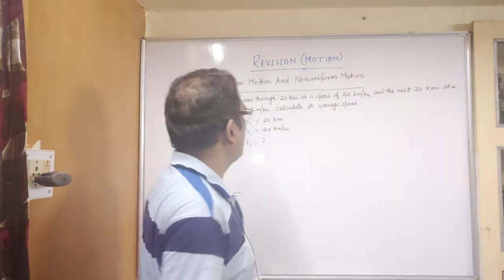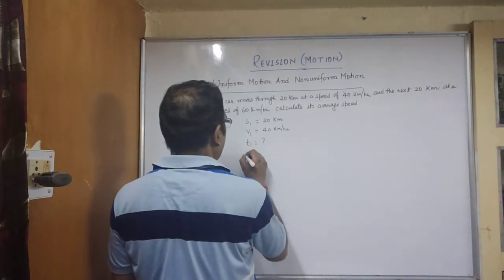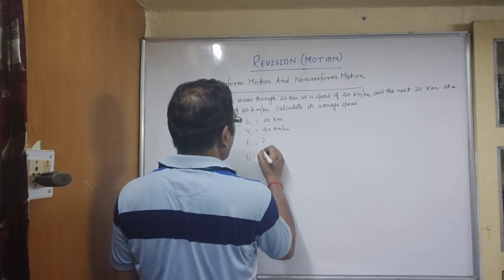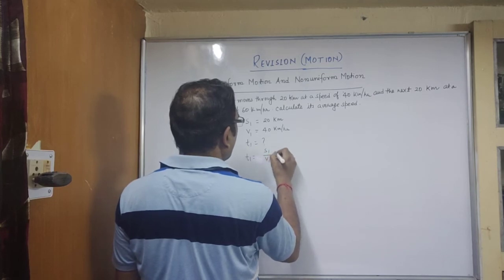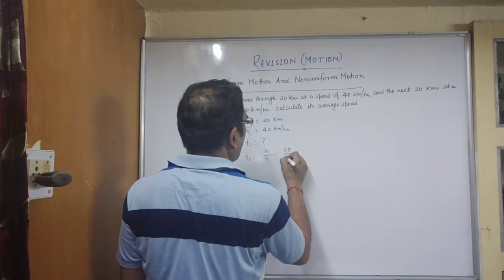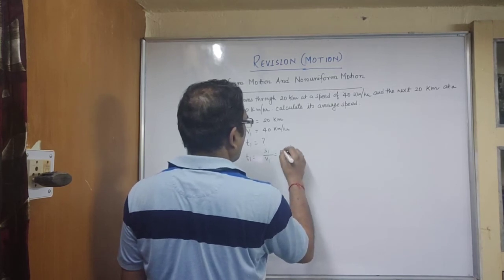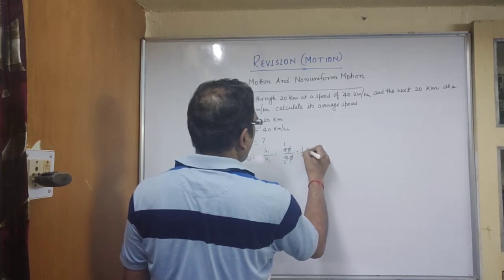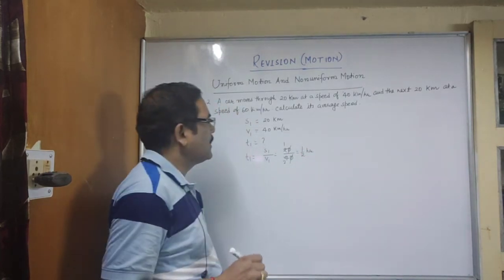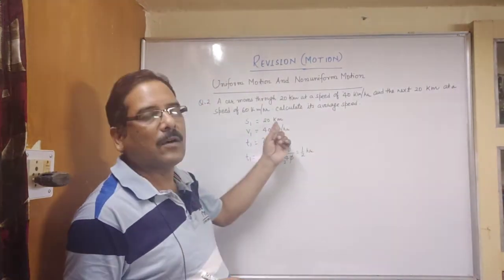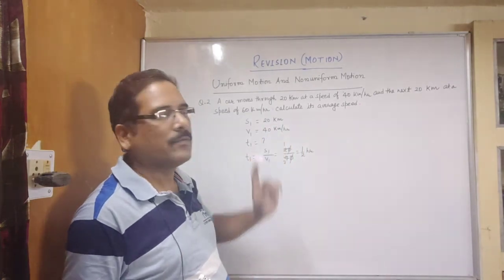So time is equal to distance by speed. So it will take half an hour to cover a distance of 20 kilometer with a speed of 40 kilometer per hour.